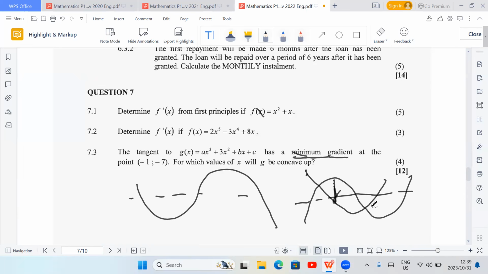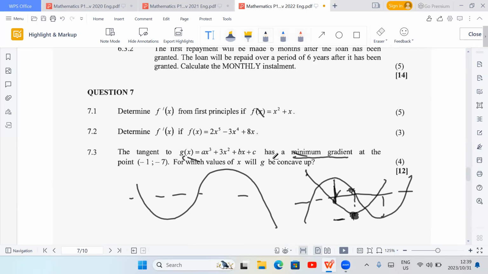So intercept here, and then here intercept. Then at this point, you'd have the minimum value here, right? Now they're saying the tangent to this is at that point and has a minimum gradient at the point (-1; -7). Remember, the minimum gradient occurs here. The minimum gradient will always occur at the point of inflection, right?